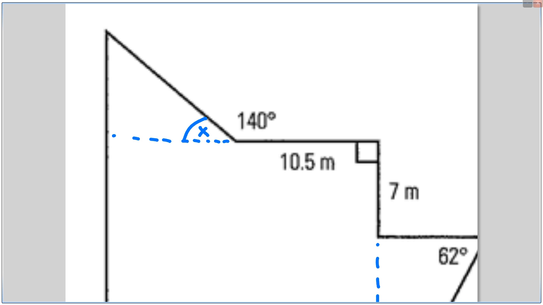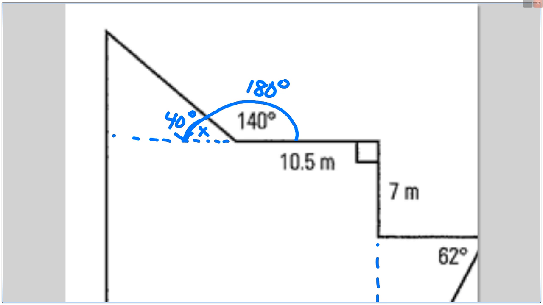Do you guys remember supplementary? Complementary? Do you guys remember those? Yeah. Basically, if you look, you can see straight lines, so you take a 180 degree. Good. A straight line is actually 180 degrees. A portion of it is 140, so this little guy is 40. You guys know skateboarding?